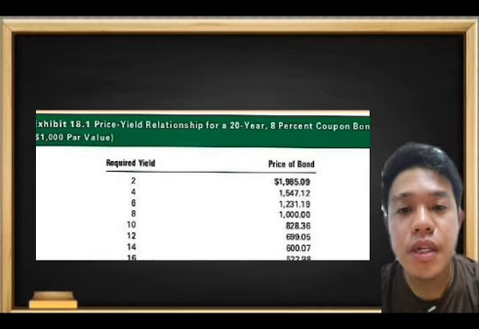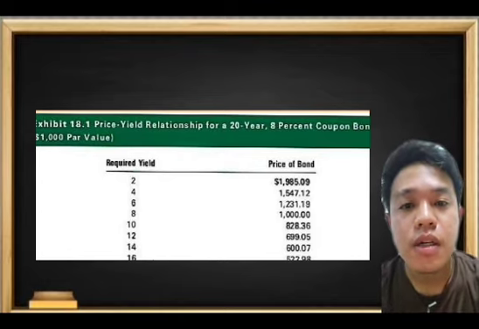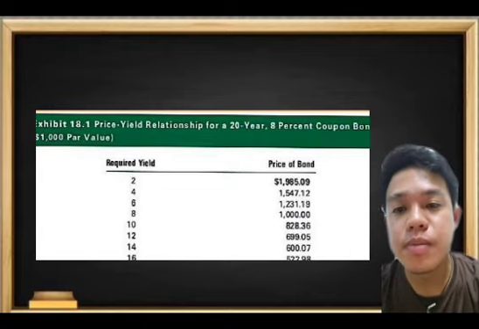Exhibit: price-yield relationship for a 20-year 8% coupon bond with US$1,000 par value.